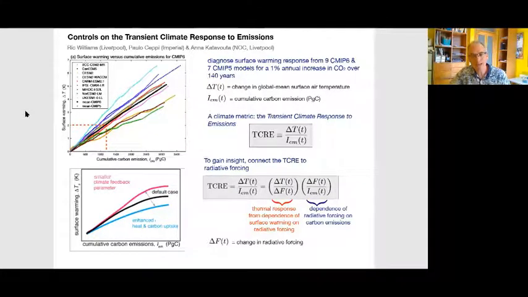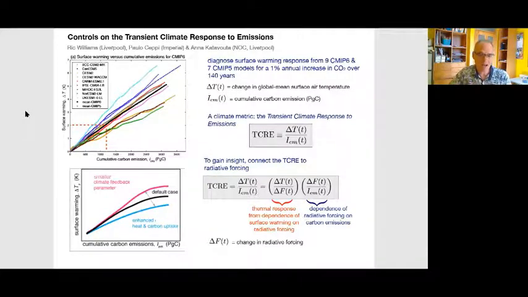So we normally use a metric, the transient climate response to emissions, which is formally defined for the 1% annual increase in CO2 experiments, which I've shown here. That metric is simply the slope of these lines, and I'm defining it by the change in global mean surface air temperature since the pre-industrial divided by the cumulative carbon emissions.